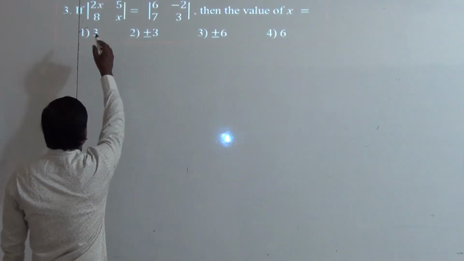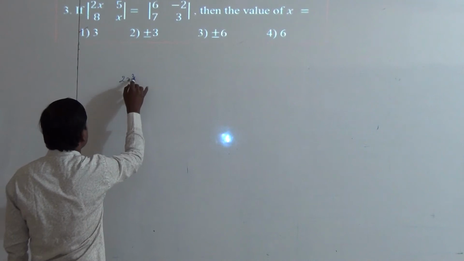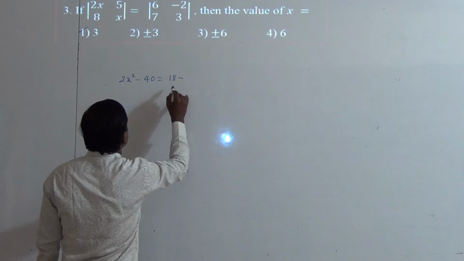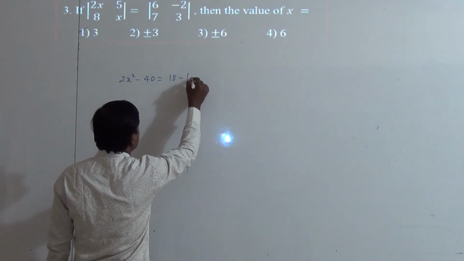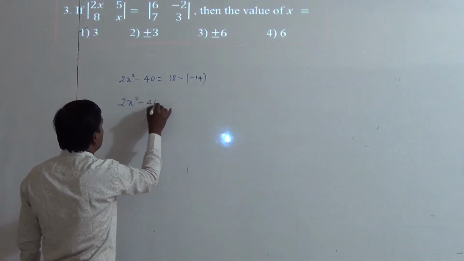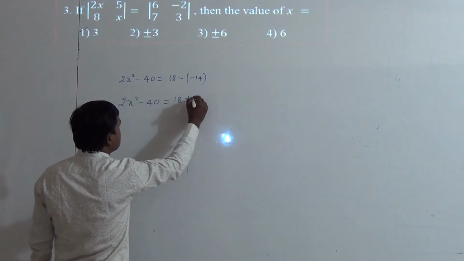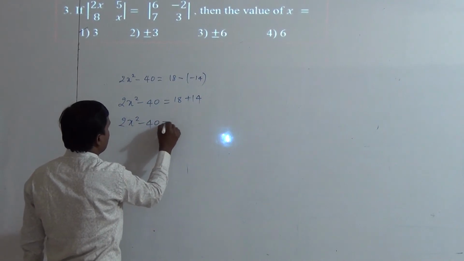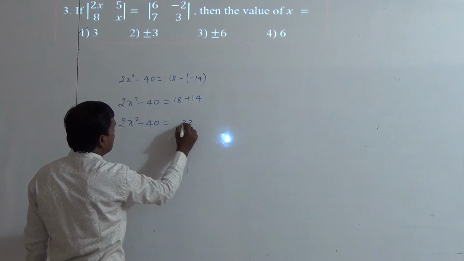So simplifying this one, 2x into x means clearly it is 2x square minus of 40. This is equal to 18 minus of, so clearly it is 7 into 2 means minus of 14. So clearly it is 2x square minus of 40 is equal to, so clearly minus into minus becomes plus. So clearly 2x square minus of 40 is equal to 32.